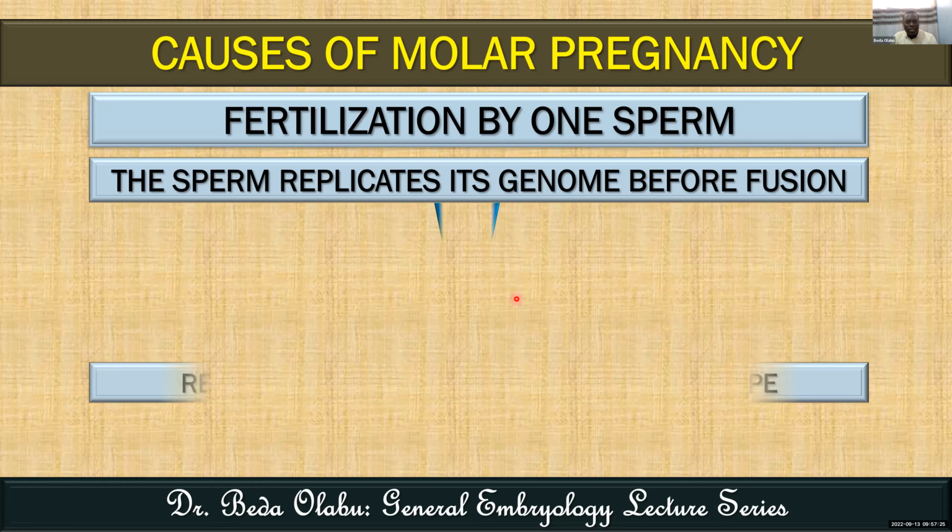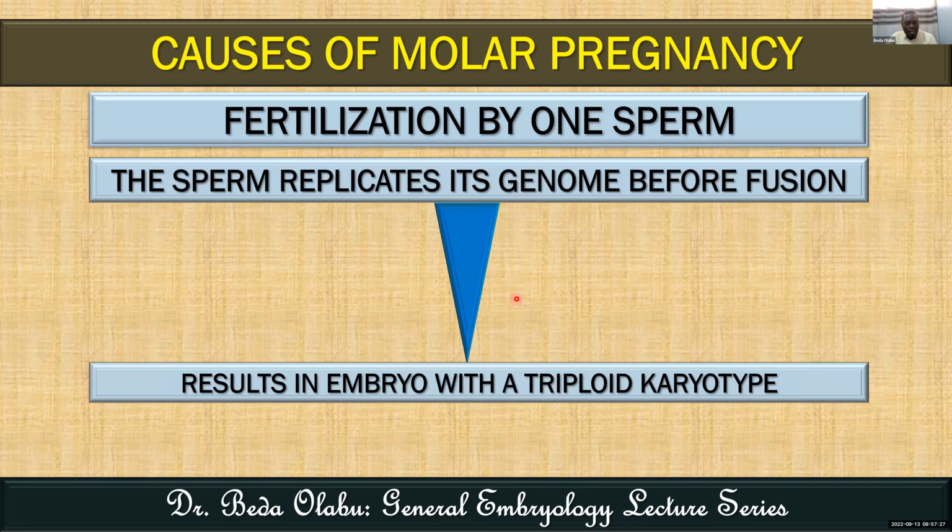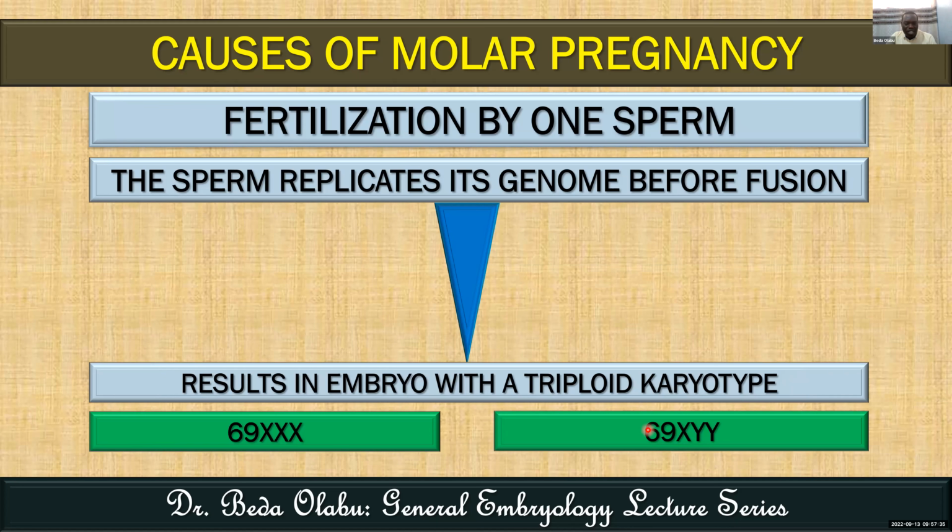If that happens, the zygote will again have a triploid state, except in this case, the karyotype can only be 69 triple X if the sperm was an X sperm, or 69 XYY if that single sperm was a Y sperm.